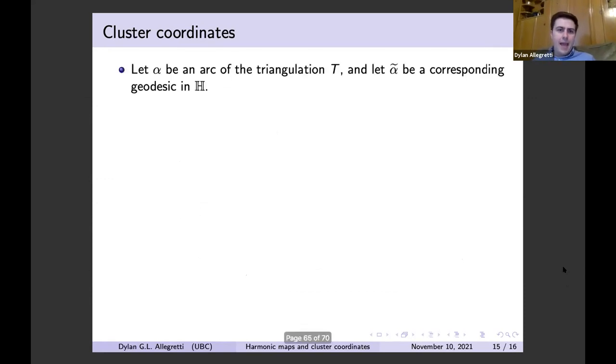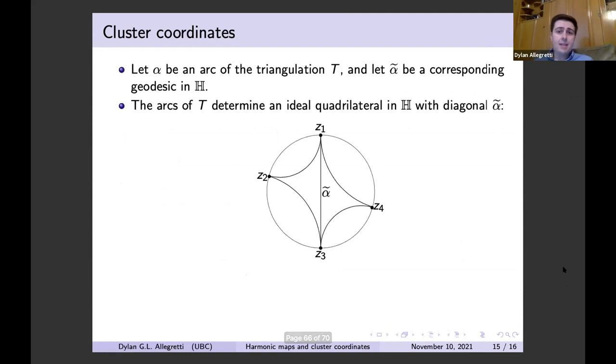All right, and then if alpha is some arc of the triangulation, this process will give us a corresponding geodesic in the hyperbolic plane. And we can do that for every edge of the triangulation. We can lift all of them to the hyperbolic plane. And in this way, we see an ideal quadrilateral that contains this lifted geodesic alpha tilde as one of its diagonals.